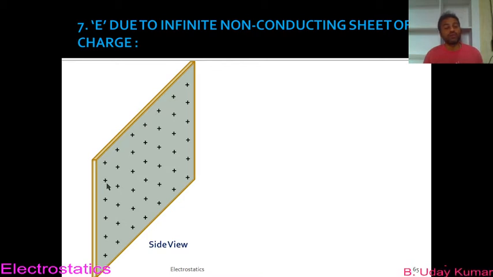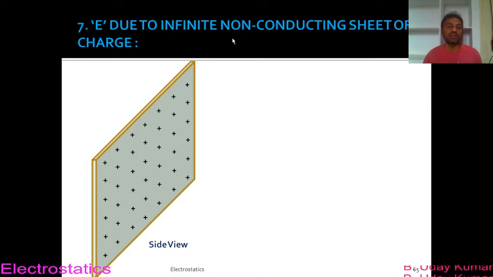So in terms of length and breadth, its dimensions are infinite, but in terms of thickness, it's almost negligible. So we call it a sheet. Okay, infinite sheet. So if the charge is uniformly distributed on it, then we call it an infinite sheet of charge.